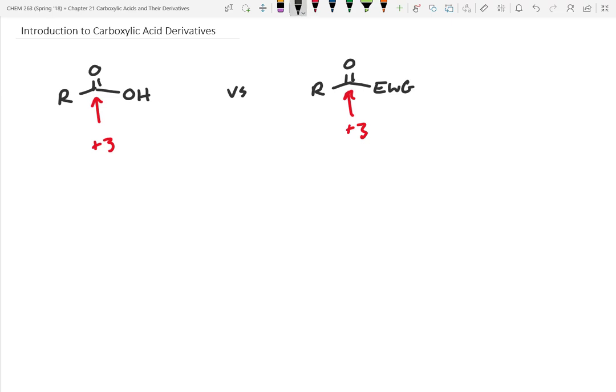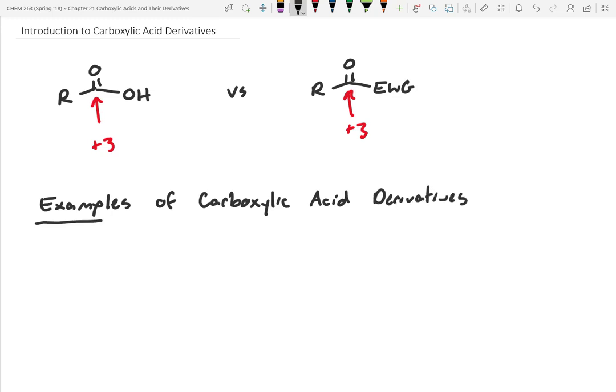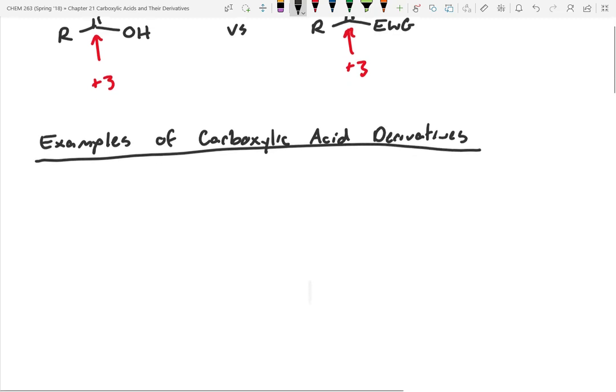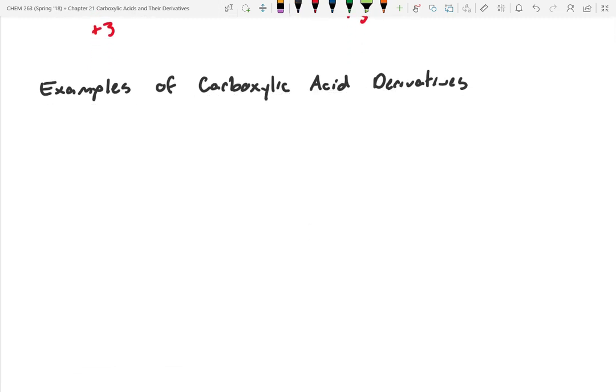So let's take a look at similar examples. And so we need to find some common electron withdrawing groups that can be in that position, and I'll try to order these very specifically.